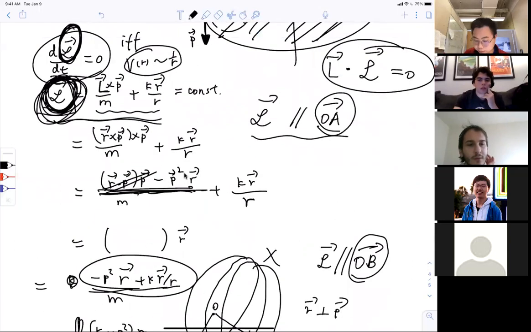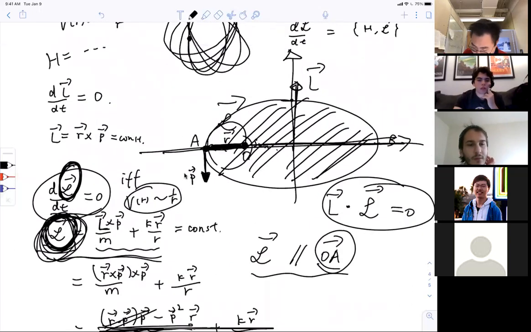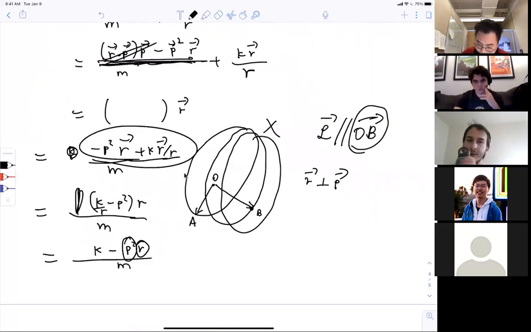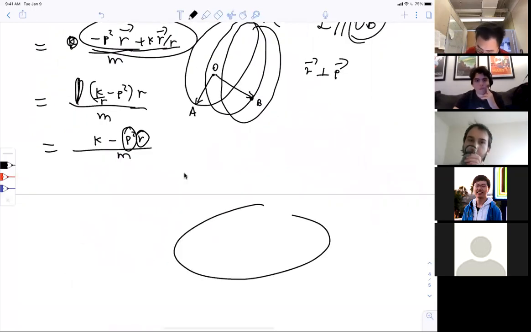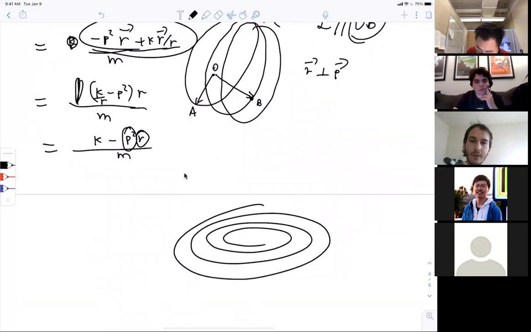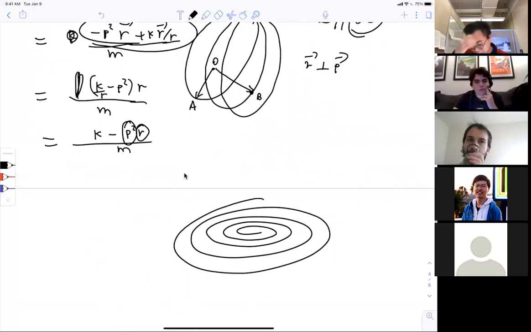Is it possible that the orbital spirals and you can't find a point where the r is perpendicular to p? Spiral, what do you mean by that? You mean like this? Yeah. That's kind of exotic. That's an unstable solution, I guess.